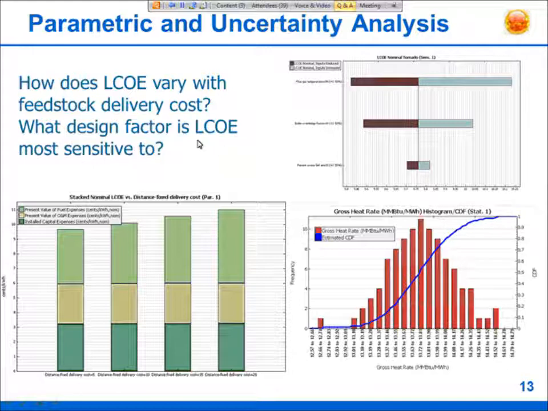So we can say, what design factor is the LCOE most sensitive to? We could have a whole session on these advanced analysis techniques, but I just wanted to introduce them to you so you'd be aware that you can use SAM for this kind of analysis.